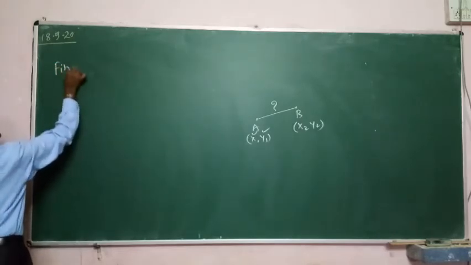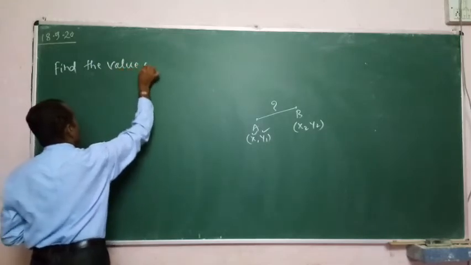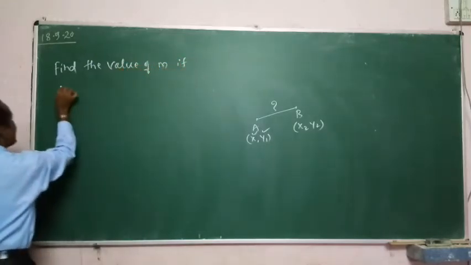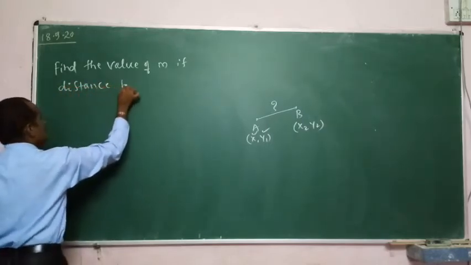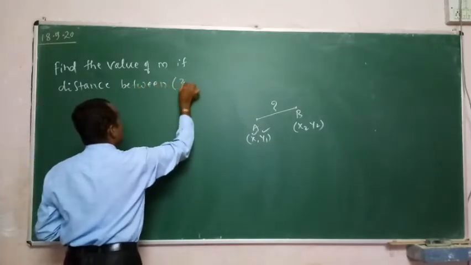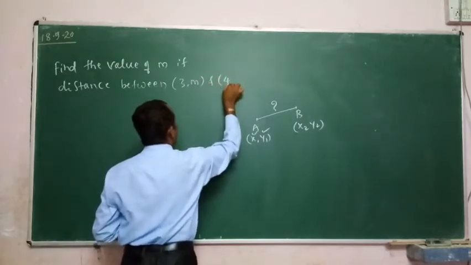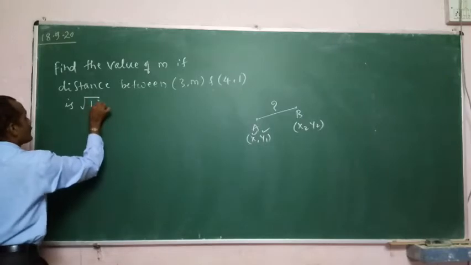Find the value of m if distance between 3m and 4,1 is square root of 10.